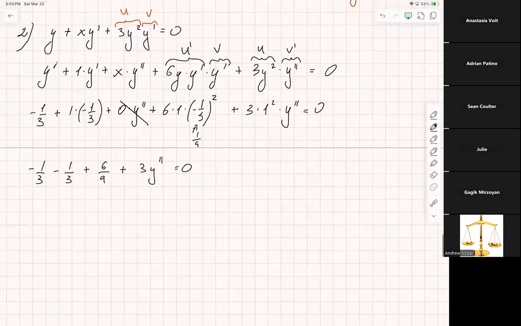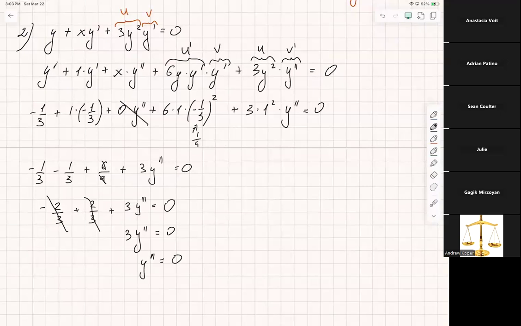Okay, so we have here -2/3 plus 2/3 plus 3y double prime equals 0. So these are gone. We have 3y double prime equals 0. So y double prime equals 0.